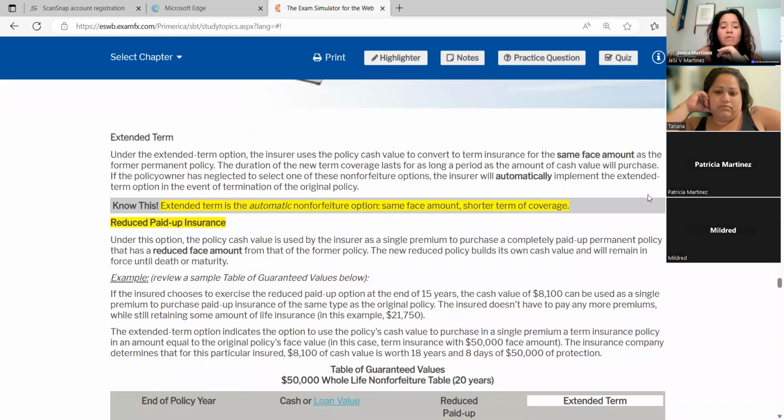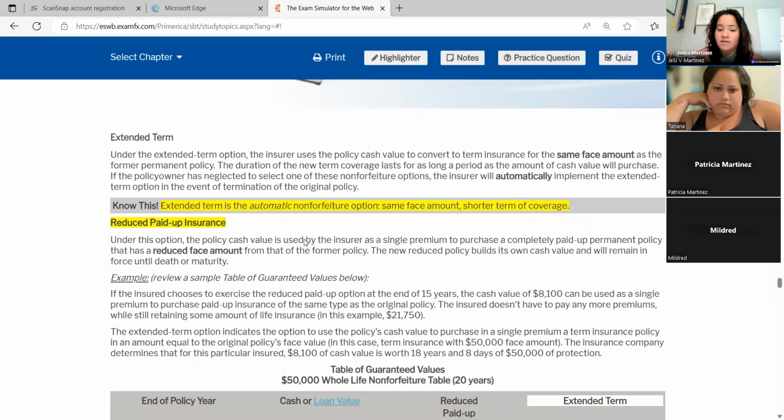Extended term is the automatic non-forfeiture option. Same face amount, shorter term of coverage. Okay. Reduced paid-up insurance. Under this option, the policy cash value is used by the insurer as a single premium to purchase a completely paid-up permanent policy that has a reduced face amount from that of the former policy.